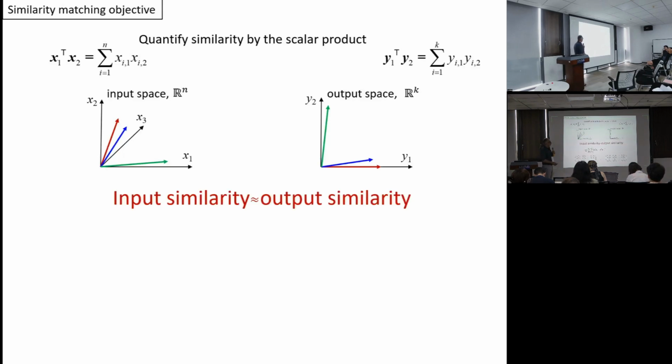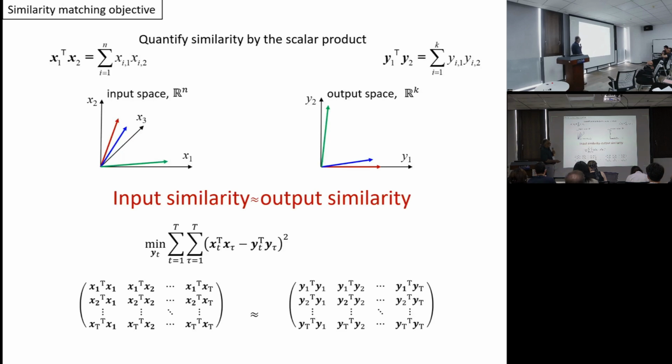How do I do that? Well, one way is this. These are the similarity matrices. This is a matrix of pairwise similarity: the similarity of the first data point in the row with the data point in the column. That's the matrix of all the similarities of the inputs, and that's the matrix of all the similarities of the outputs.